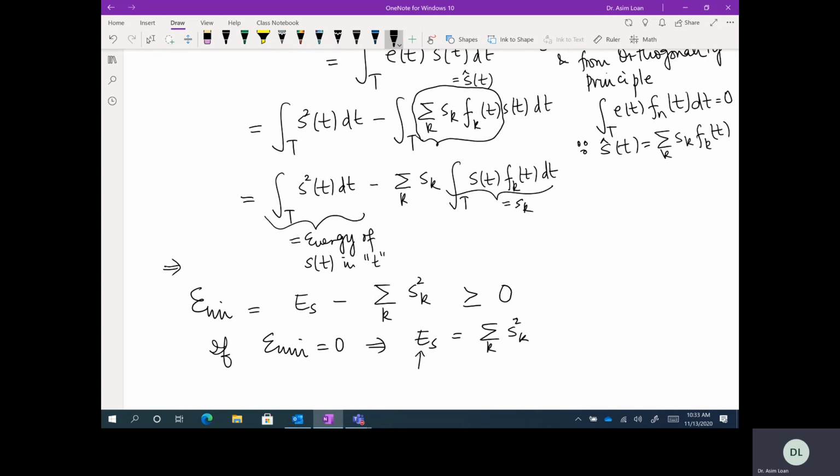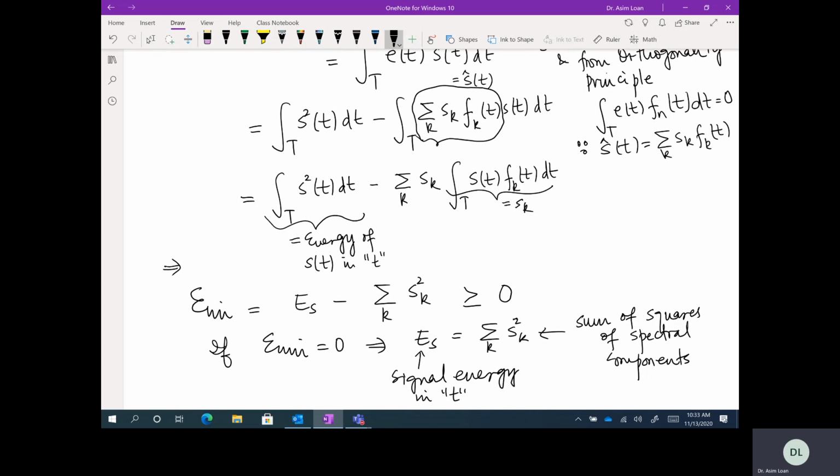So this E s is the signal energy in the time domain, and what is this? This is the sum of squares of spectral components. This, by the way, we'll see in the past, this is Parseval's theorem. Sum of squares of spectral components. Okay.